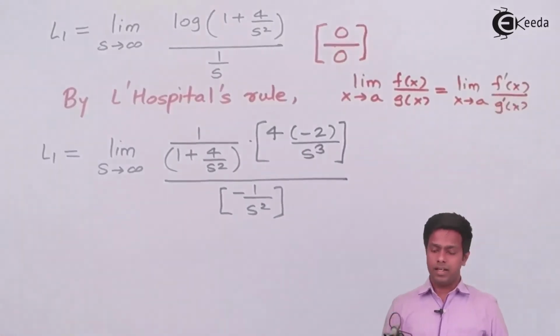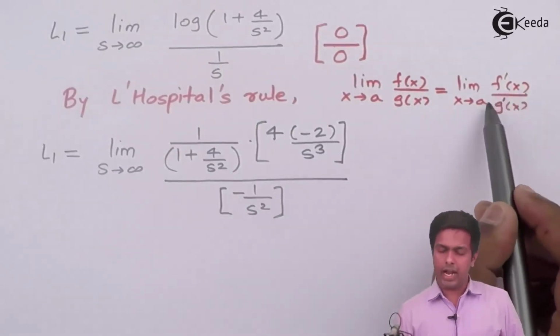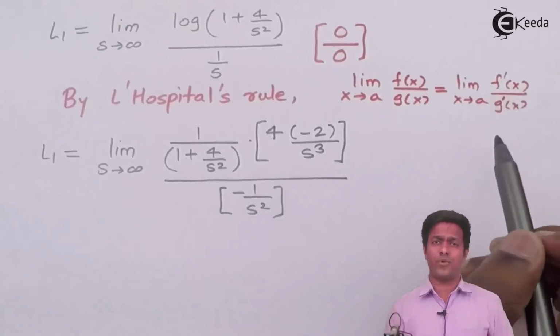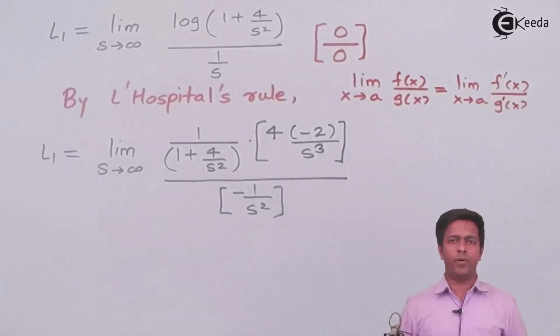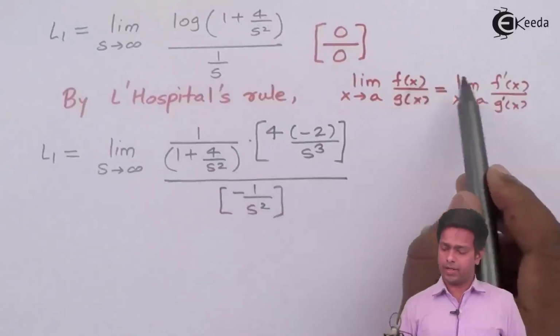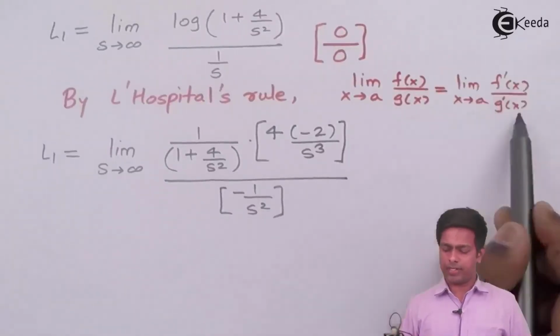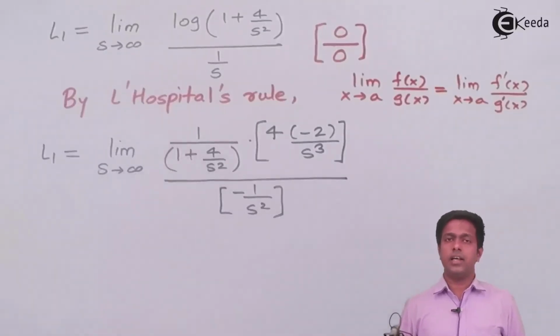Then after finding the derivative, we try to substitute a and get a finite value, and we try to eliminate the indeterminate form. Here also I'll do the same thing. I have the derivative of numerator and denominator separately. Now I'll put that value again and check if I'm getting a finite value or not.